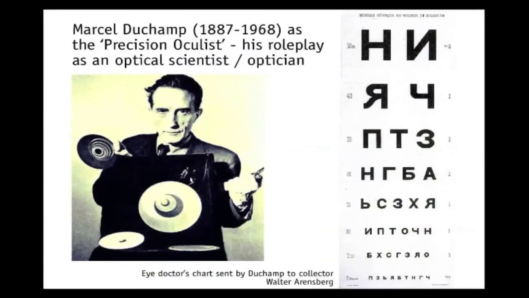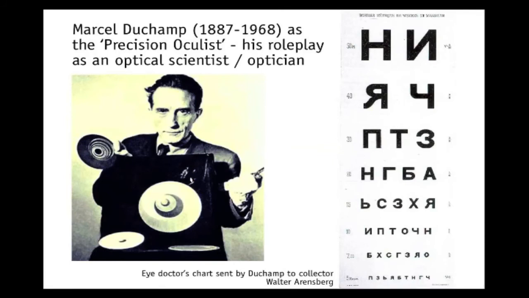And precision oculist in this case is basically a semi-imaginary optical scientist or optician who deals with these optical illusions and optical illusion devices as part of his art practice. And this idea seems to have started to form itself early on in the teens.